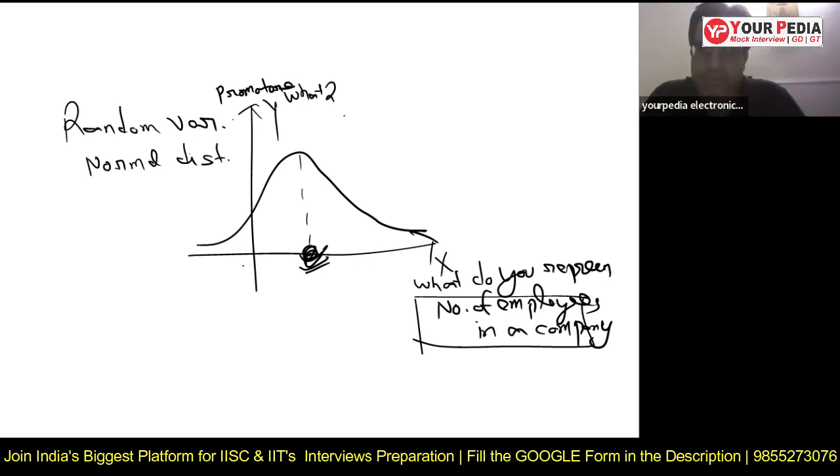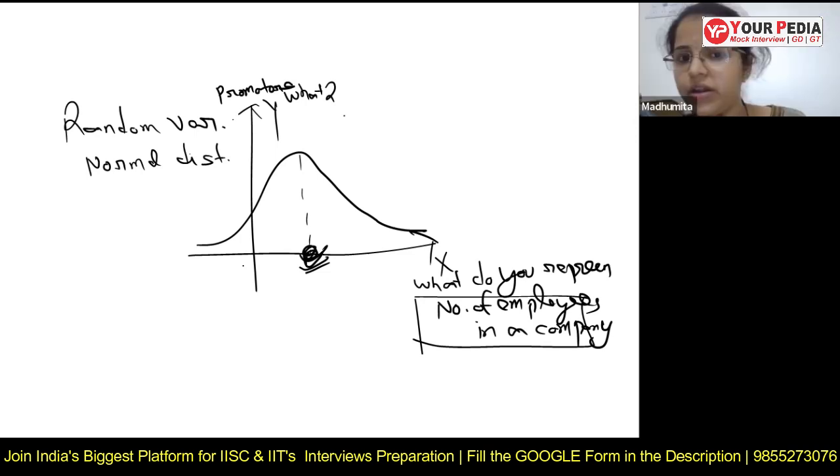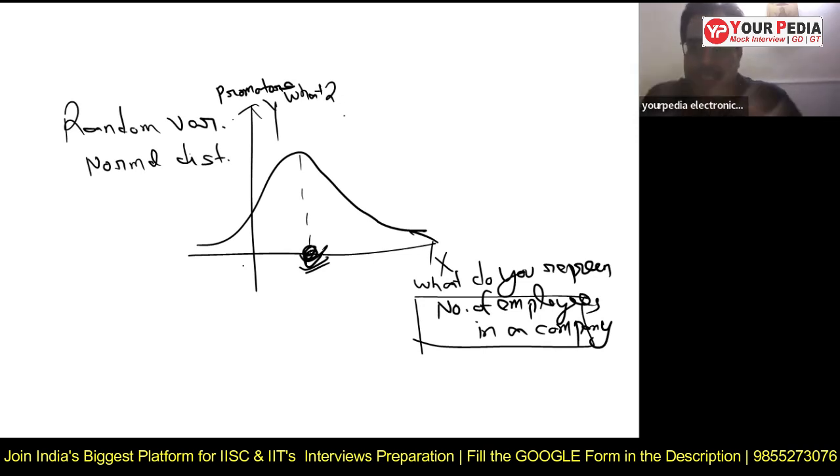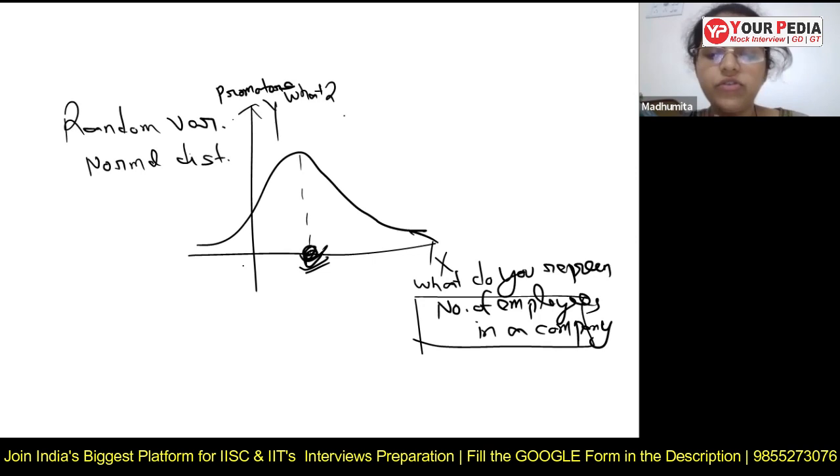Take some numerical data and justify this example with some values. Okay, so we say each year these many employees are there in the company, and this is the maximum number of promotions that the employees have got in a particular year in the company.